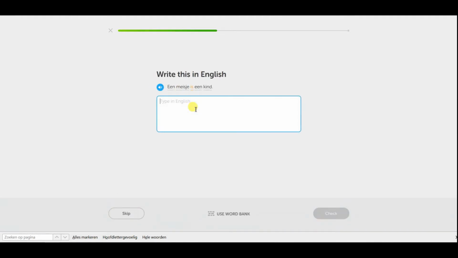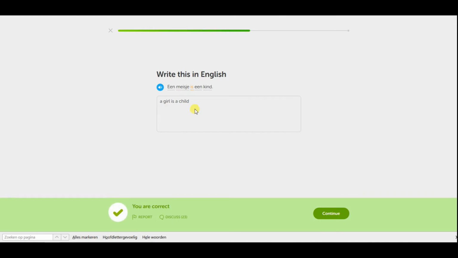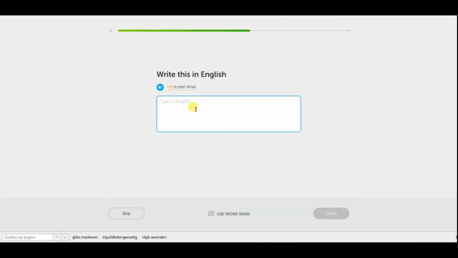Een meisje is een kind. A girl is a child. Hij is een kind. He is a child. Ze is een vrouw.